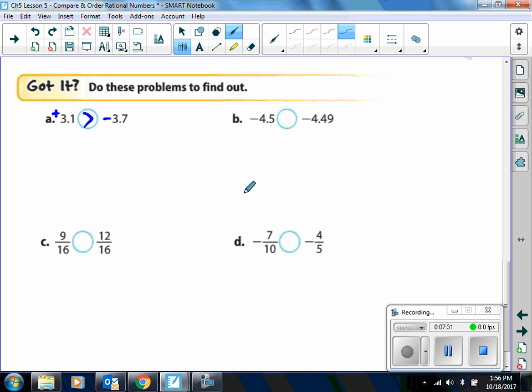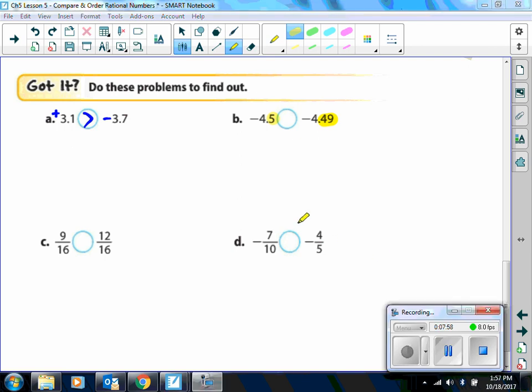Very good. All right. So how about -4 1/2, 4 5/10, and -4 49/100? Now, this one is to the 10th place. This is to the 100th place. Remember we said we want to have them both to the same place value, but we want them to be to the greatest place value.